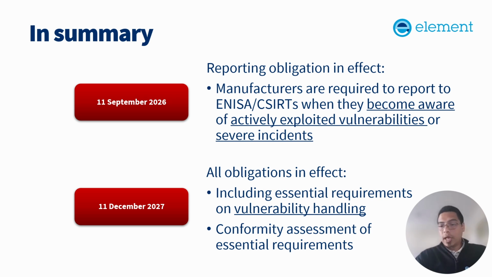That said, it would be good and wise to implement those vulnerability handling processes earlier, especially once you are in a position to do so, because that will allow you to know and become aware of actively exploited vulnerabilities or severe incidents, and to be able to determine, for example, are they severe and do they need to be reported?